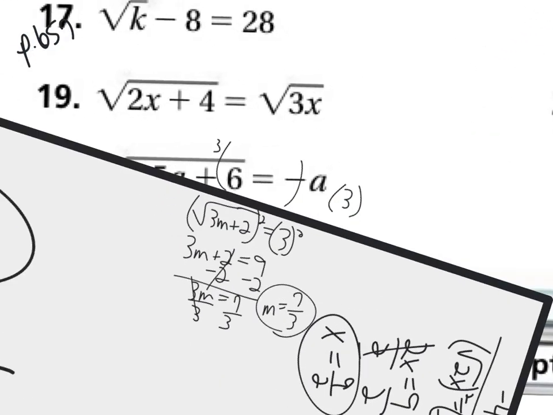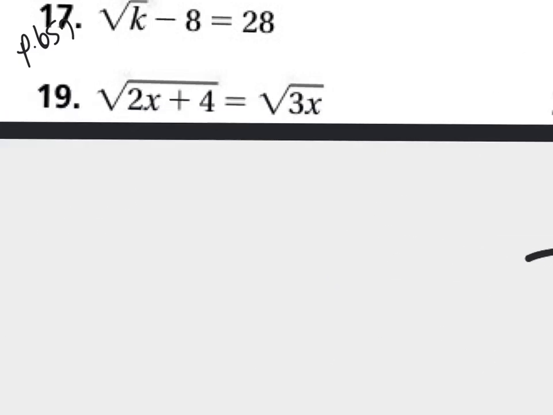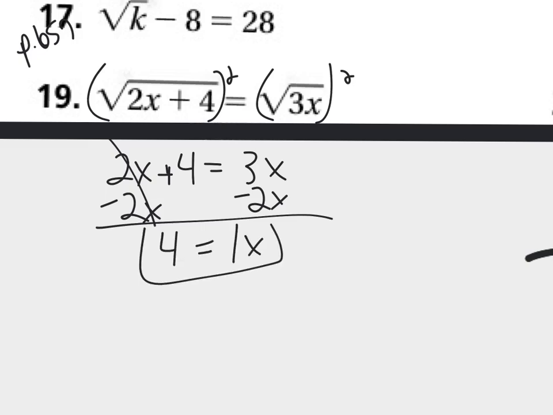Number 19, there's radicals on both sides. So they're both isolated. We'll square both sides. And then we have x's on both sides, only one constant. So you subtract 2x on both sides, you get x equals 4.